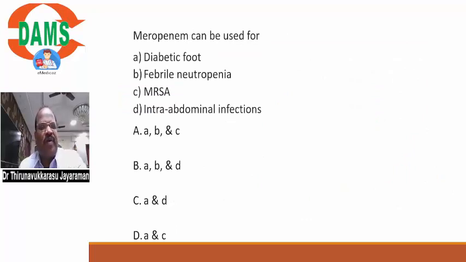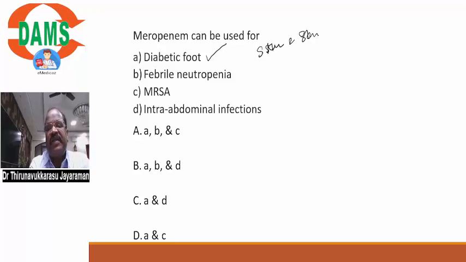Meropenem can be used for diabetic foot, febrile neutropenia, MRSA, intra-oral infection. See, meropenem is an atypical beta-lactam antibiotic having broad spectrum activity, useful for diabetic foot, that is skin and skin structure infection, useful for febrile neutropenia, useful for intra-abdominal infection.